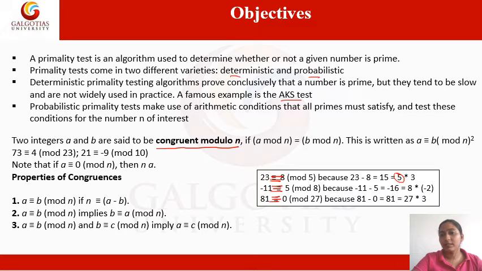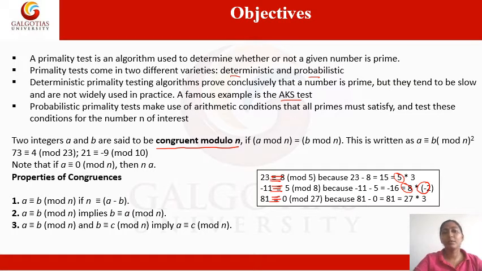Similarly for minus 11 also you can see: if we subtract 5 from minus 11, we have minus 16, which is equal to 8 times minus 2. So it is some multiple of minus 8. Sorry. Likewise, we can do it for this also.